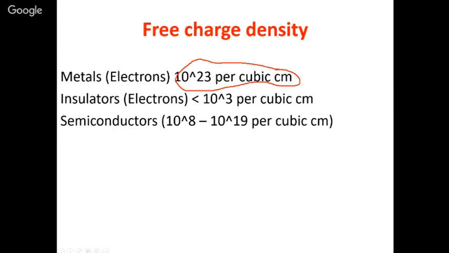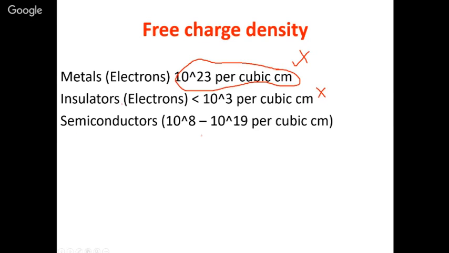In case of insulators, they are scarce of electrons, only 10 to the power 3 per cubic centimeter. So insulators are very scarce, they don't have electrons. So metals cannot be used, and even insulators cannot be used.